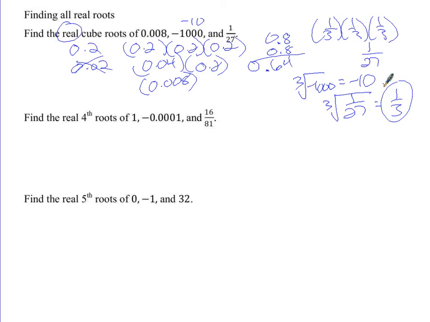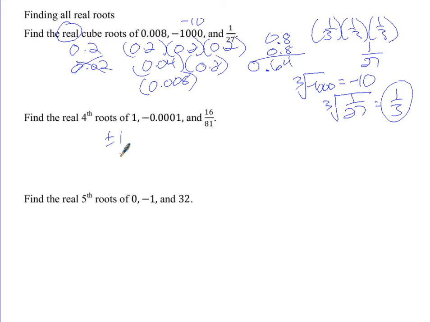How about the real fourth roots of 1? What number times itself 4 times gives me 1? 1 and negative 1. There's a positive and a negative answer there. We're going to get 2 real roots with that even index. How about negative 0.0001?